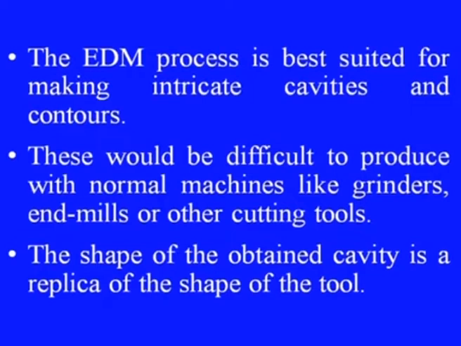The shape of the obtained cavity is a replica of the shape of the tool. The EDM process is best suited for machining materials like hardened tool steels, carbides, titanium, and some superalloys like Inconel, which are indeed very difficult to machine using conventional machining techniques, but Inconel is a very good material to be processed using this electric discharge machining process.